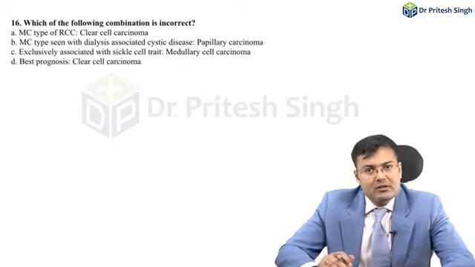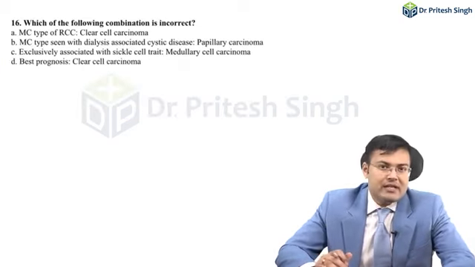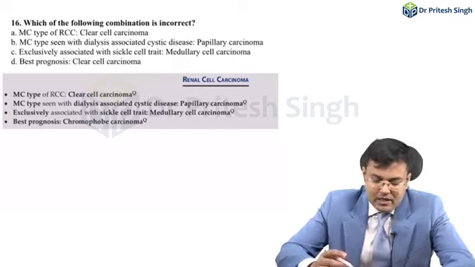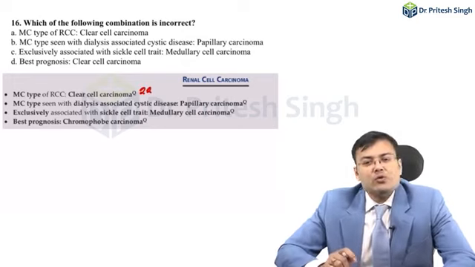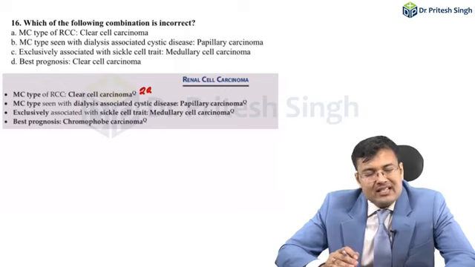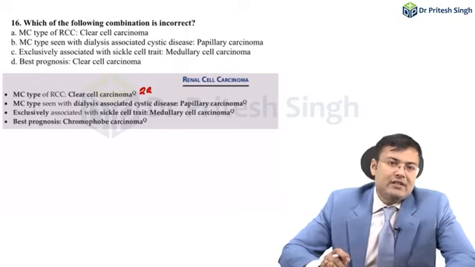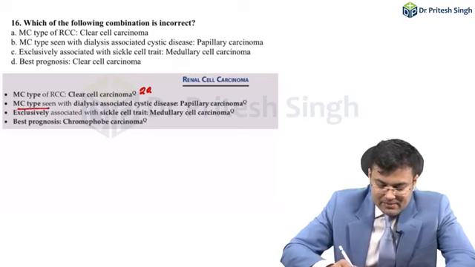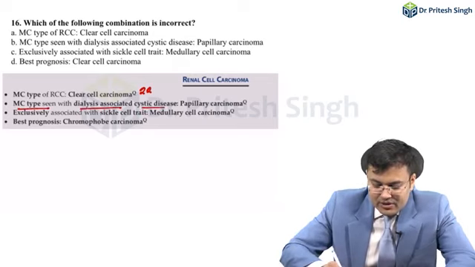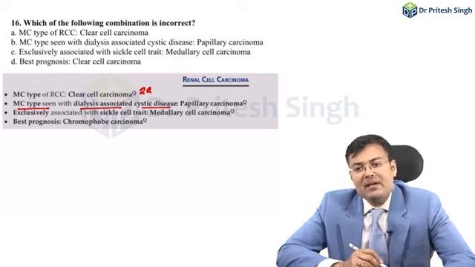Now before discussing this question, see the one-liner questions which are asked about RCC. First question, what is the most common type of RCC? That is clear cell carcinoma. What is the most common type of RCC seen in patients with cystic disease requiring dialysis? That is papillary carcinoma.